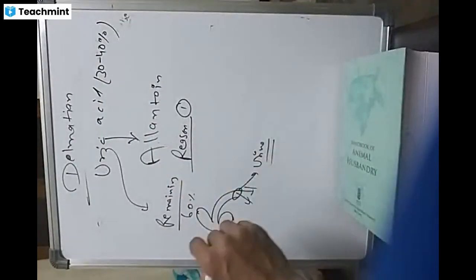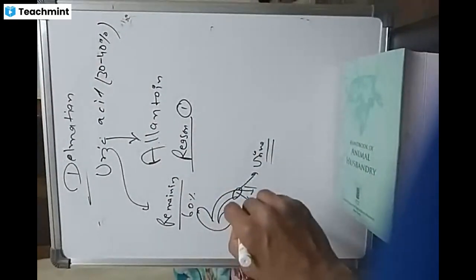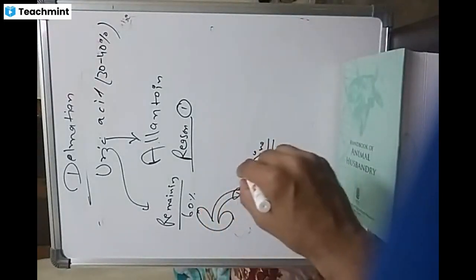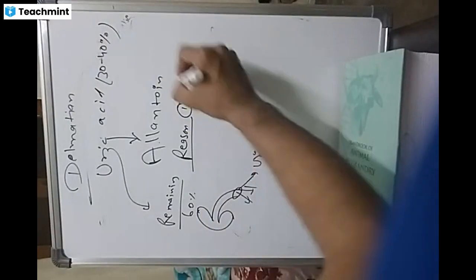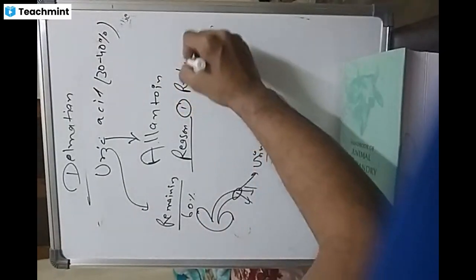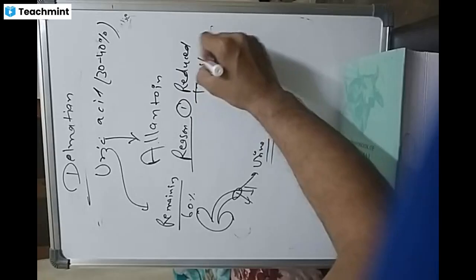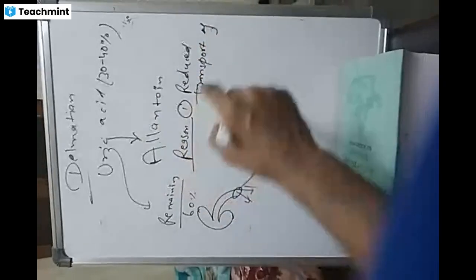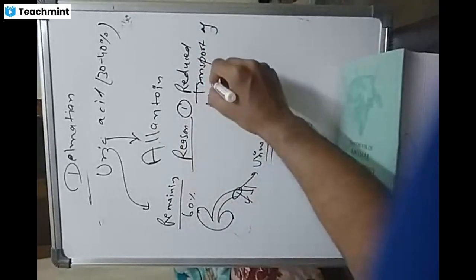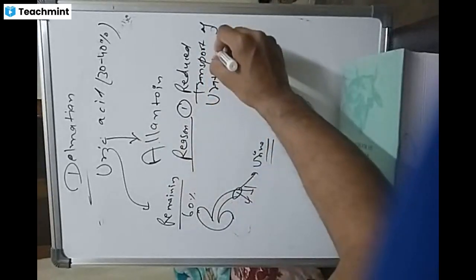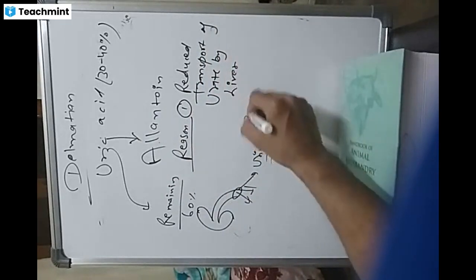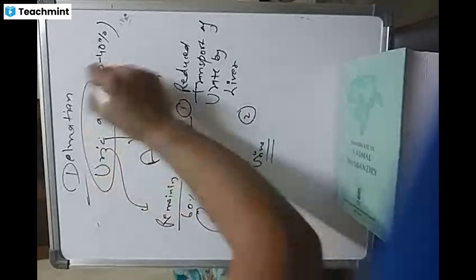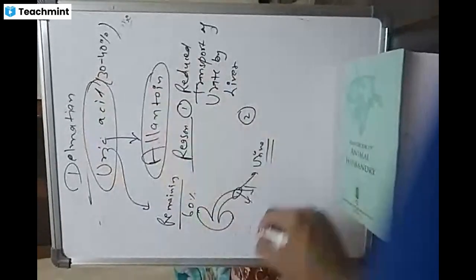Reason number one: reduced transport of this urate by the liver. The liver is unable to transport this uric acid, so it is not converted into allantoin.